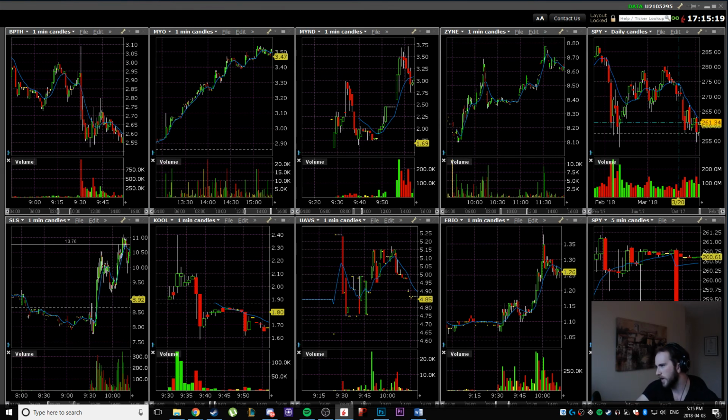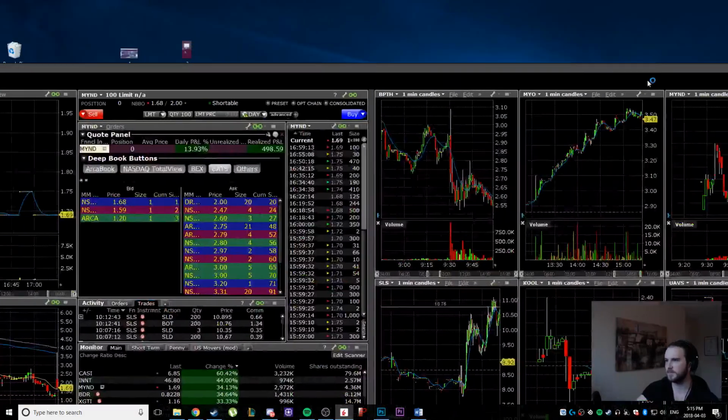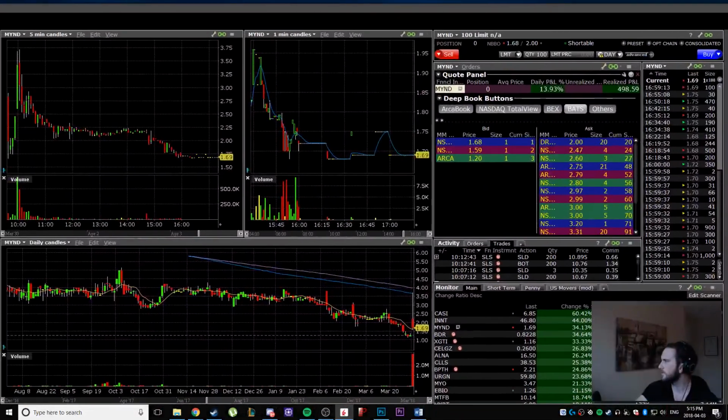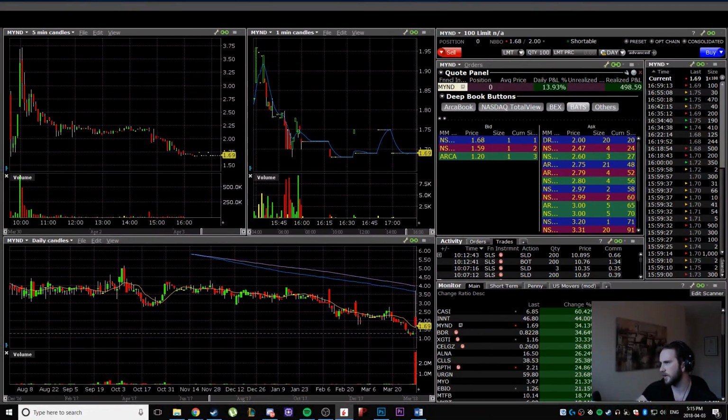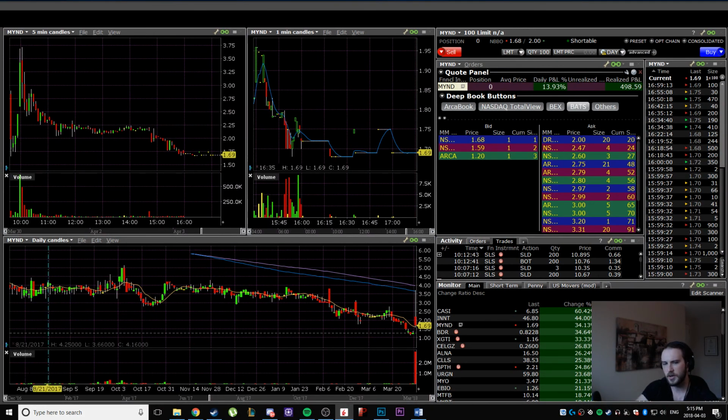And then always on the right here, I have the SPY, which is the overall stock market. I have the daily, and I also have the 5-minute chart. I find that really useful to know what's going on in the overall market. It doesn't always affect what we're doing in the small caps, but it's sometimes nice to know.